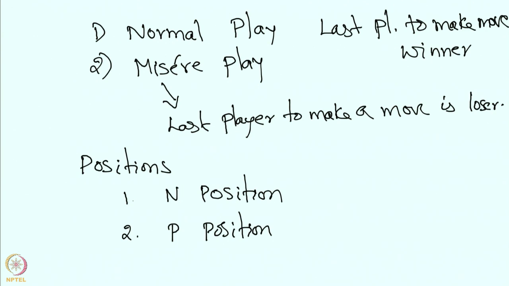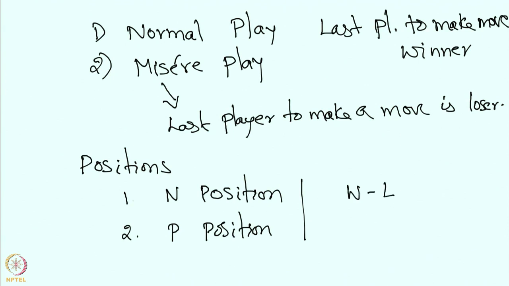A position in a combinatorial game is called N position if the person who is going to make a move from that position is going to be the winner, whereas in a P position the previous person who made the move is going to be the winner. So, these are mainly for win-loss games. Here we are not considering the draw option. Of course, it is possible to include the draw option.